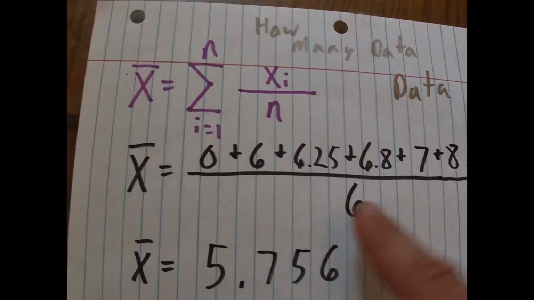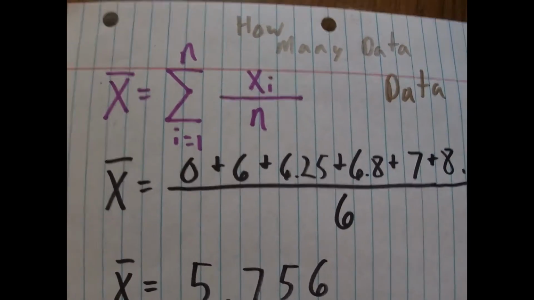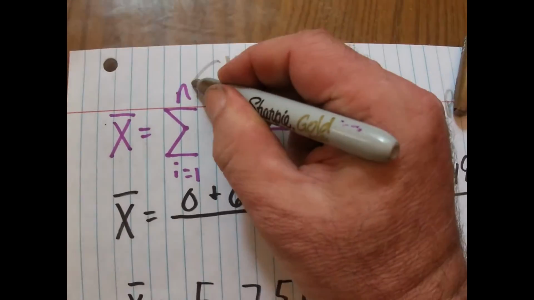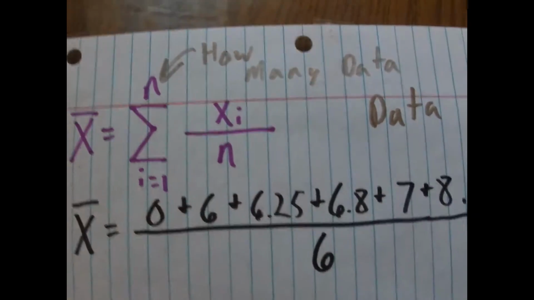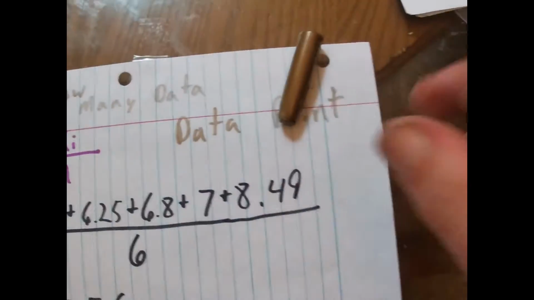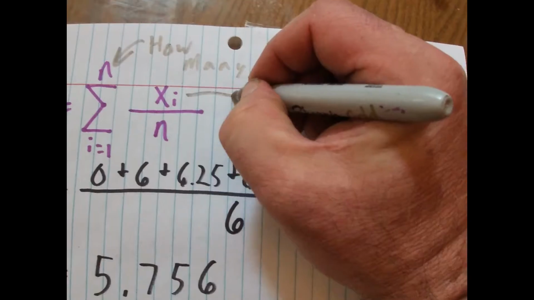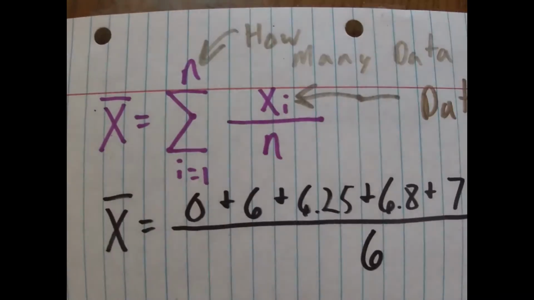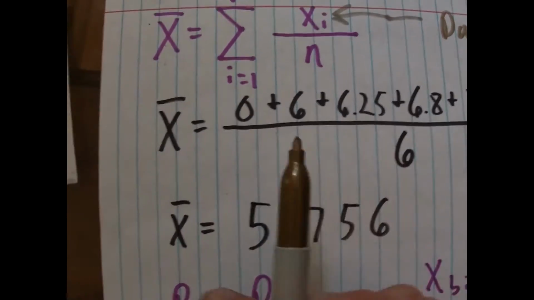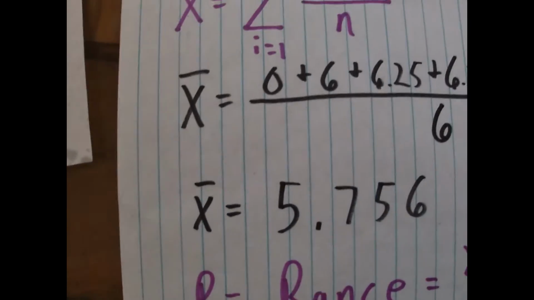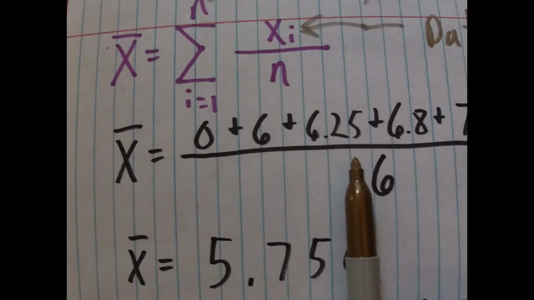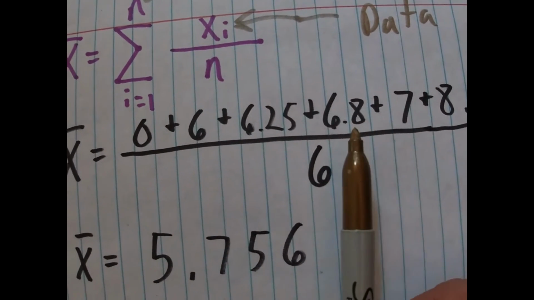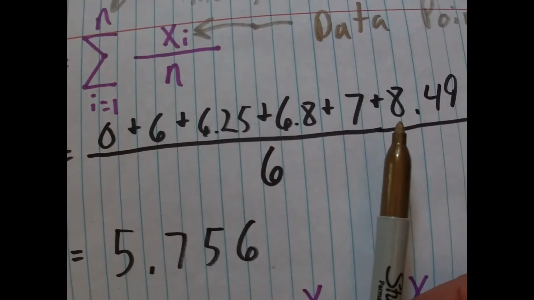Here's my formula. This n is how many data points we have, and this xi is just the name of your data point. So the first one is 0, like we talked about, 6, 6.25, 6.8, and you notice that I just added each one of these.